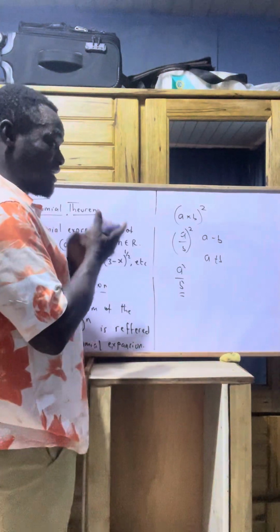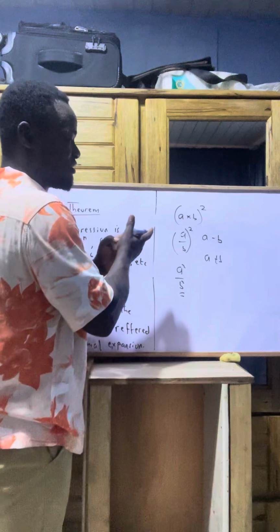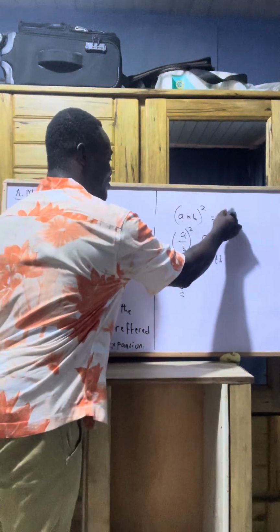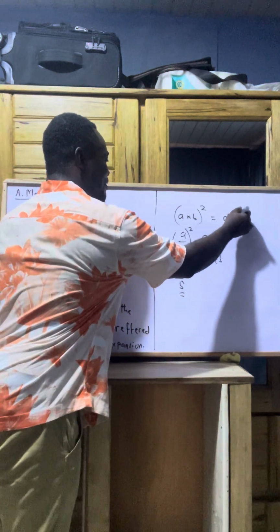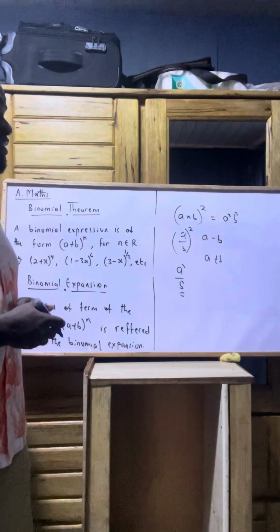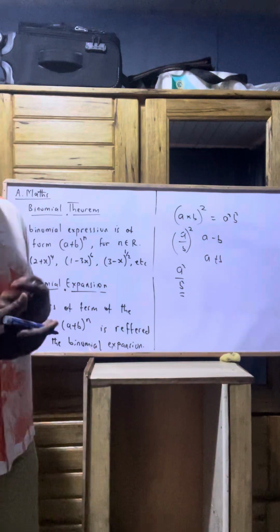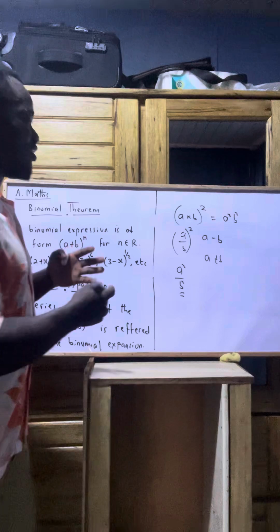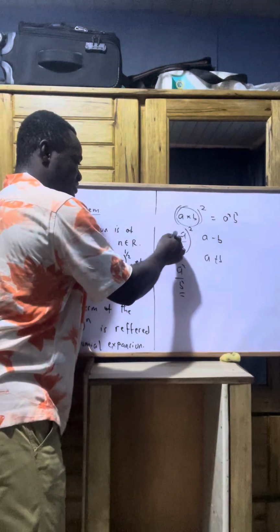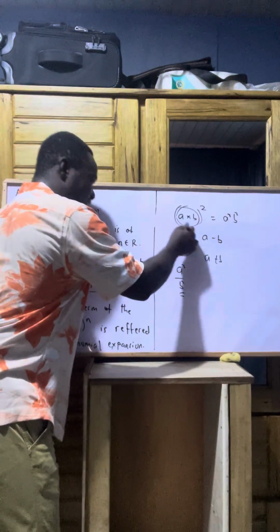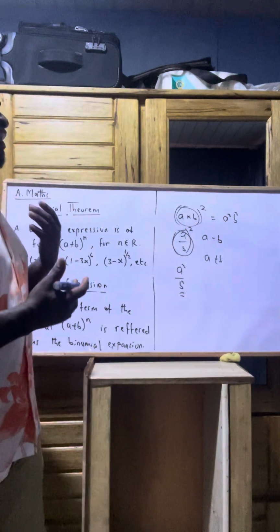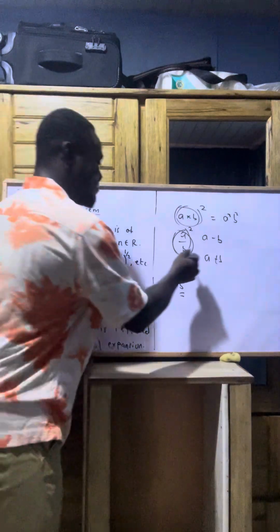So it becomes easy dealing with a binomial of such form, because this will give you a to the power 2, then b to the power 2, as indices will tell you, based on the properties and laws of indices. So we are not interested in the product of the terms, neither are we interested in the quotient of the terms, but we are interested in this form.